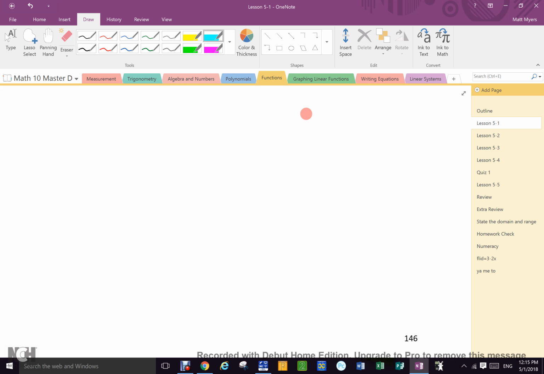All right, so we talked yesterday about functions and relations. Functions and relations are simply the comparison of two different sets of information. The information I started with was dog type and the height of the dog. Each dog type is a piece of data.